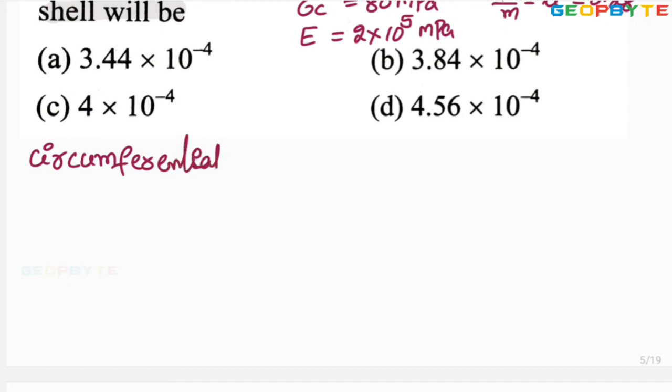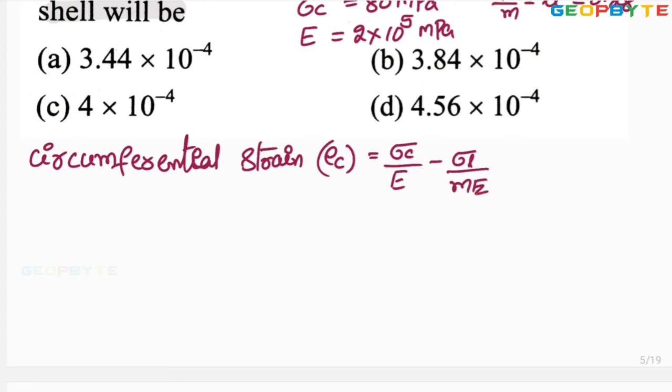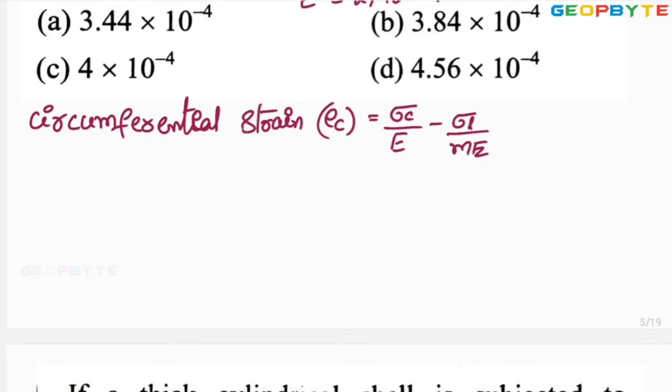Circumferential strain EC equal to sigma C by E minus sigma L by mE. You know sigma C equal to PD by 2T into E minus PD by 4T into mE.